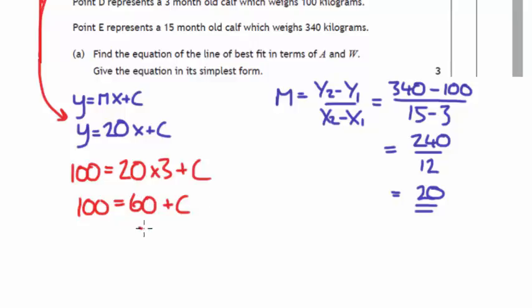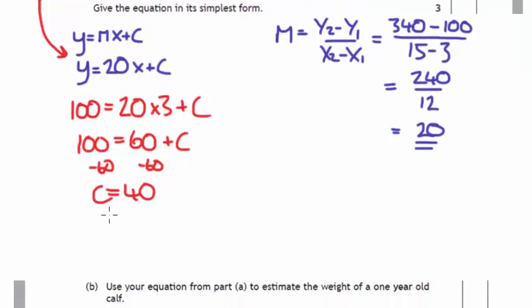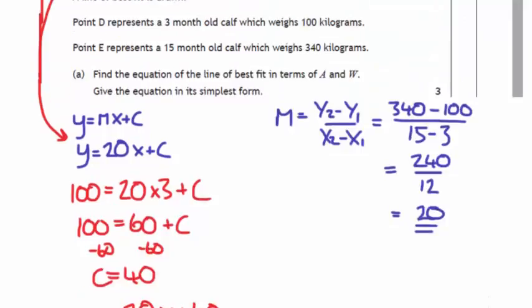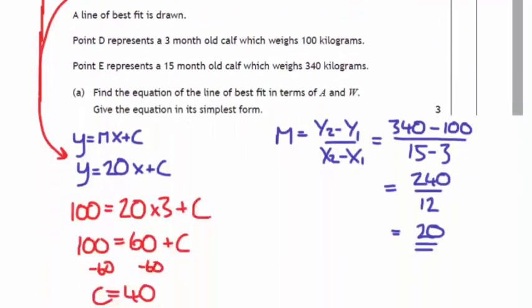If we take 60 away from both sides, we are left with c equals 40. We're nearly there, because we've now got a form that says y equals 20x plus 40.